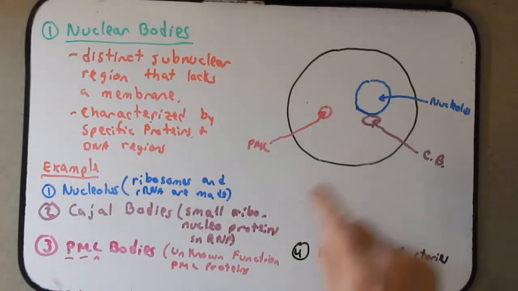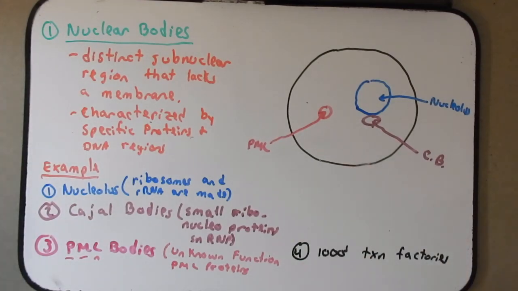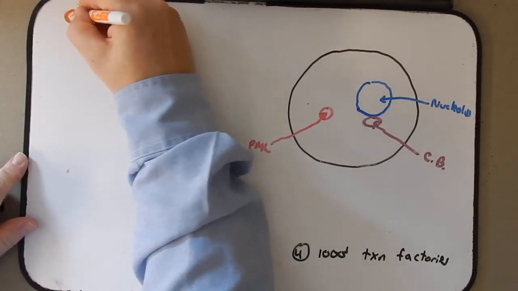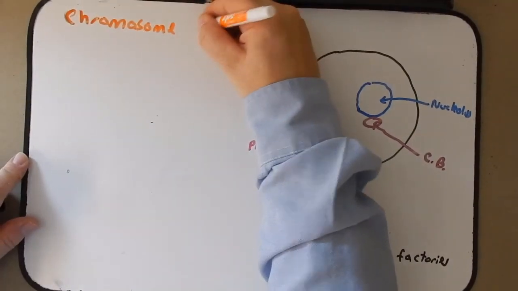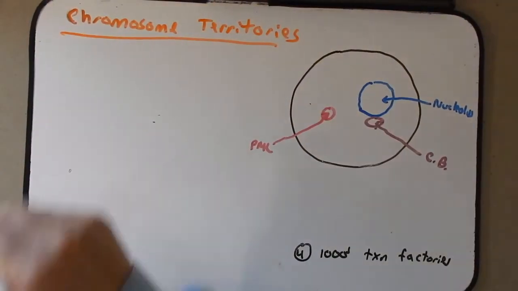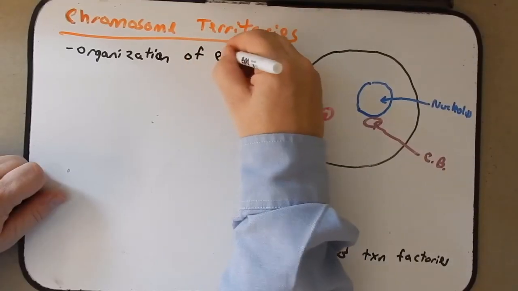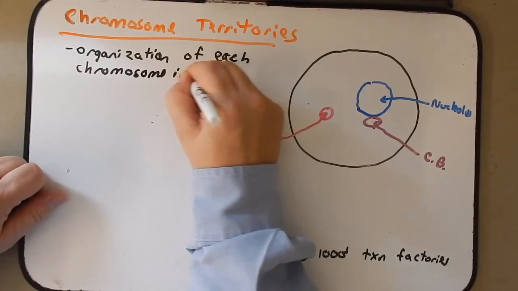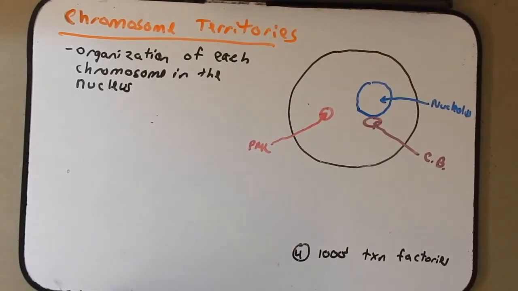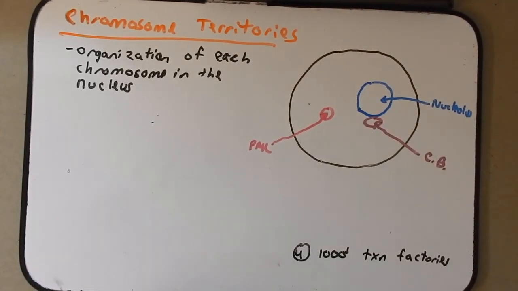Okay, I'm going to keep this picture going here for now, but I need to make some room to talk about chromosomal territories. Chromosome territories are the organization of each chromosome in the nucleus. How it's organized is very specific for that particular chromosome.